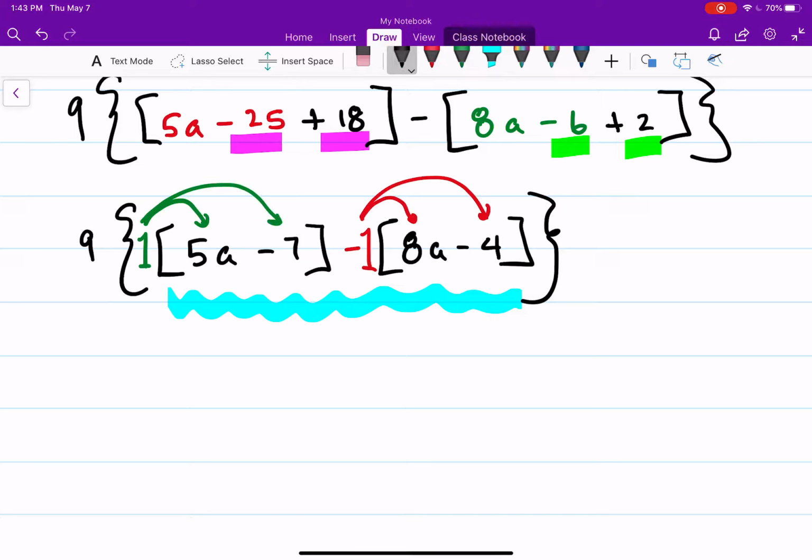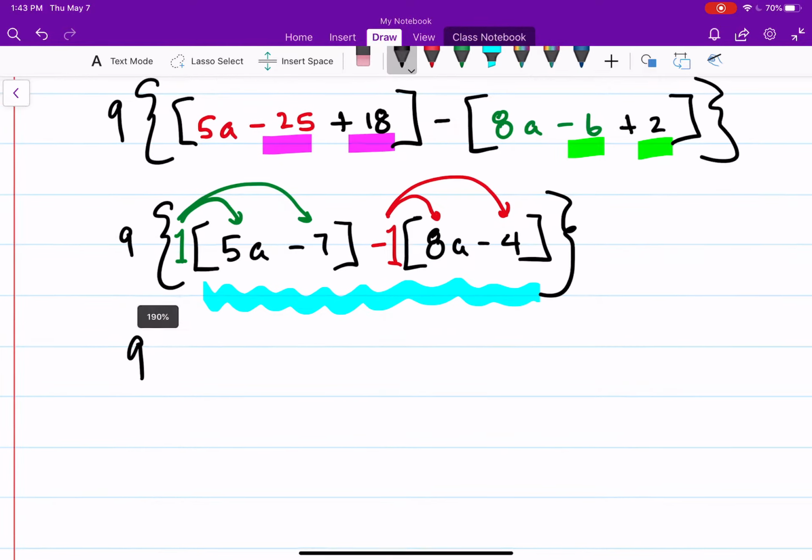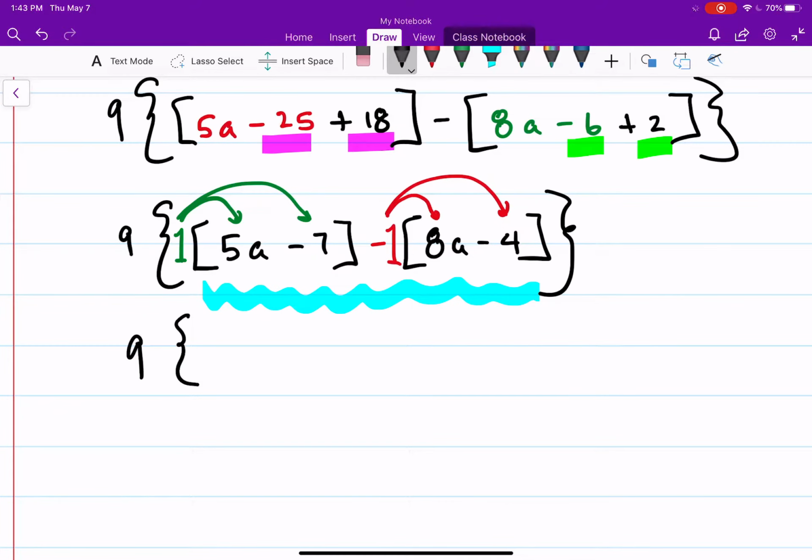So what I have is 9, squiggly bracket. And when I distribute that 1, it's just going to be itself. However, when the -1 gets distributed through, it flips the sign. So the 8a becomes a -8a, and a -4 will become a +4.